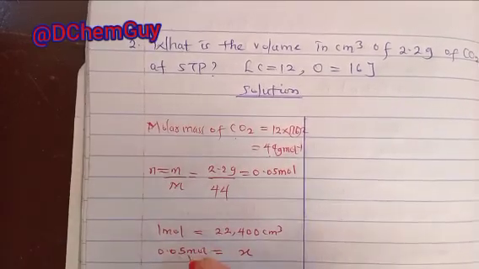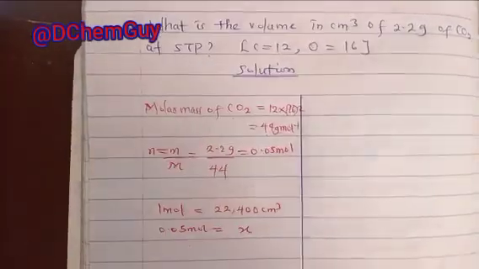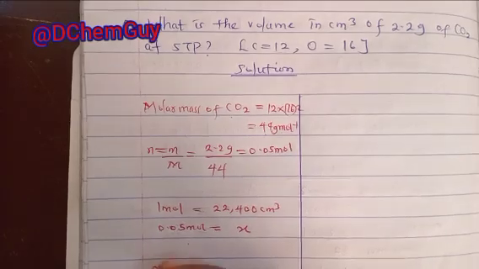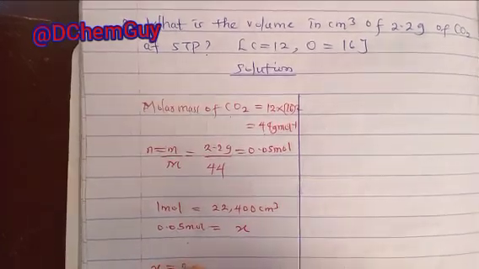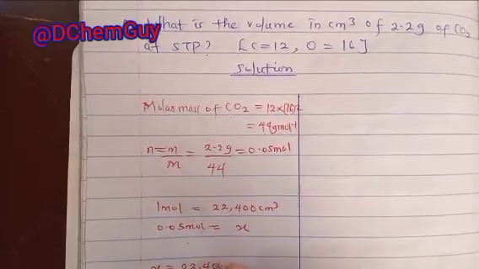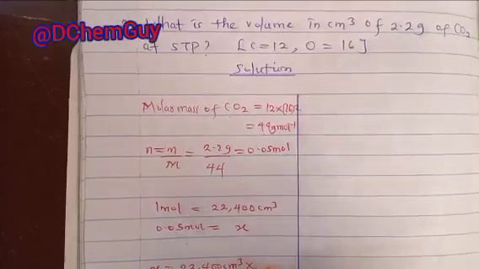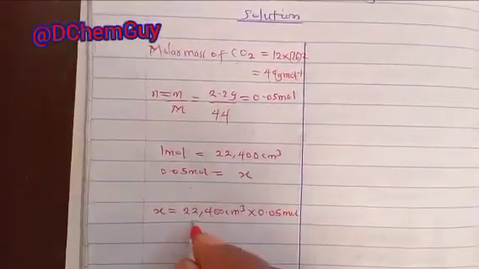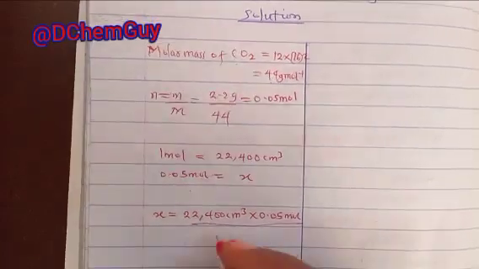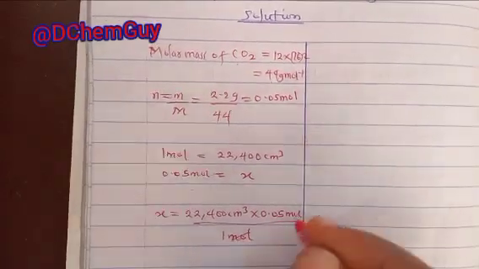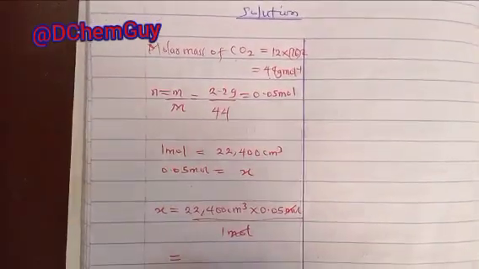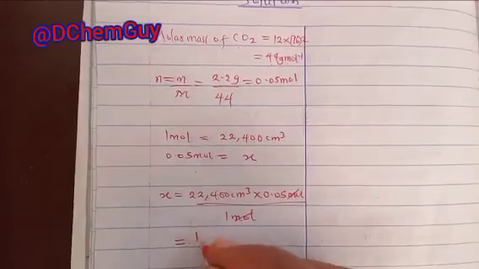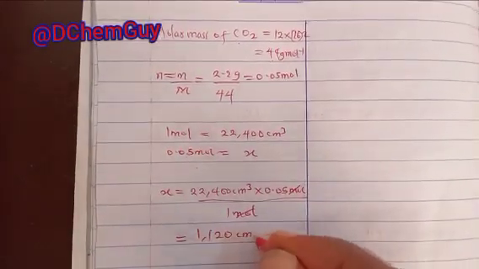Cross multiply and make x the subject: x equals 22,400 cm³ times 0.05 mole over 1 mole. Mole takes care of mole, so the answer is 1,120 cm³.